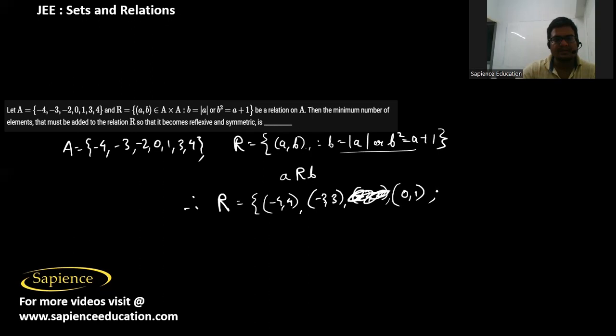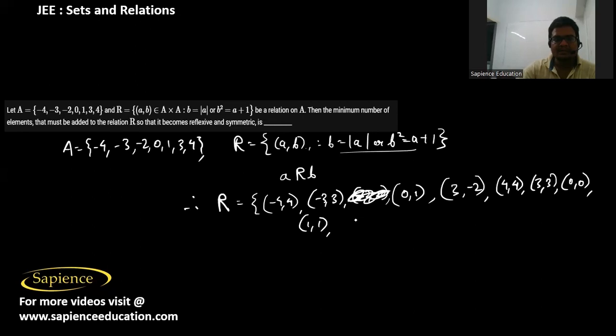Then we can take a as 3. Then 3 plus 1 is 4, which is (-2) squared. So (3, -2) also we can take. And then (4, 4) also we can take, and (3, 3) also we can take, and (0, 0) and (1, 1), since mod of a will be equal to b.